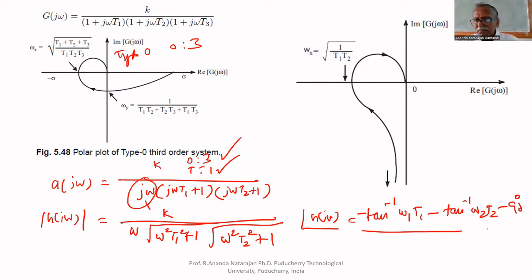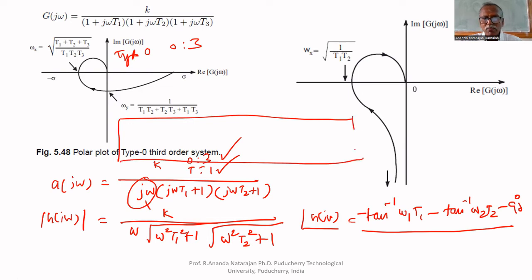So, let us form the table to draw the polar plot, with columns omega, modulus of G of j omega, and angle of G of j omega.